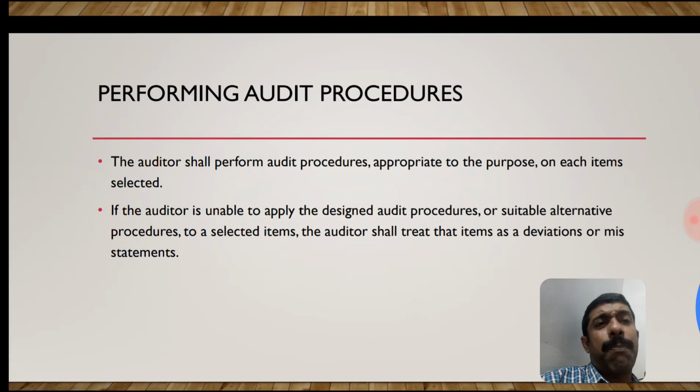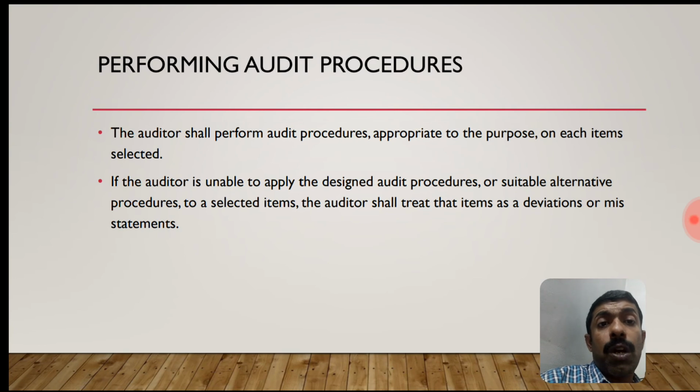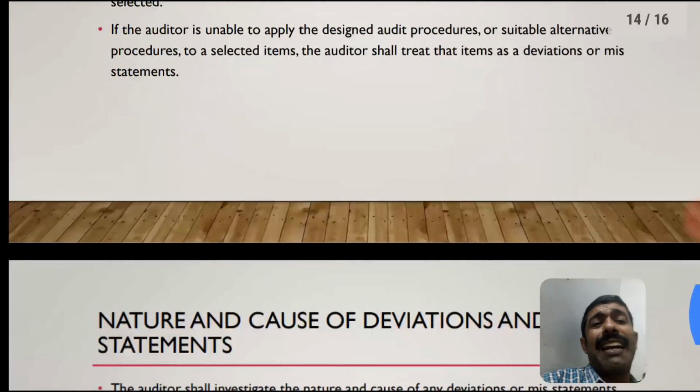Performing the audit procedure: the auditor shall design and perform audit procedures appropriate to the purpose on each item selected. If the auditor is unable to apply the designed audit procedure or a suitable alternative audit procedure to the selected items, then it shall be treated as a deviation or a material misstatement, as the case may be, if it is related to test of control or test of details.